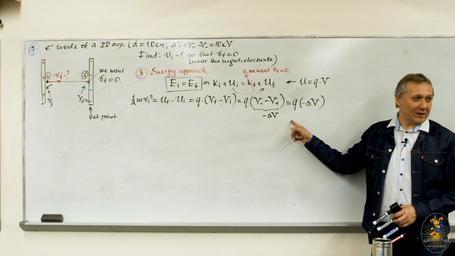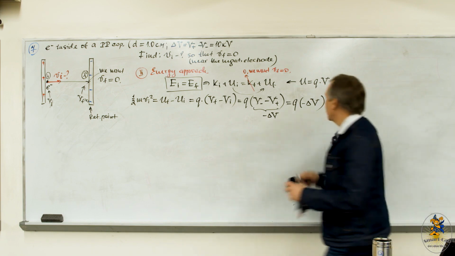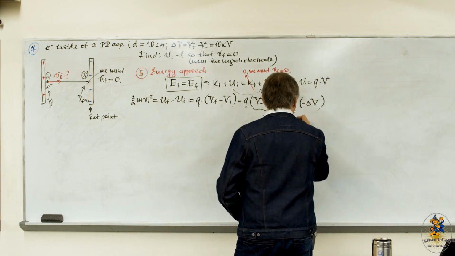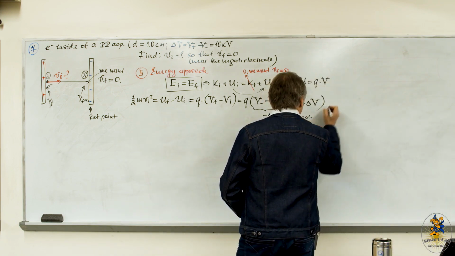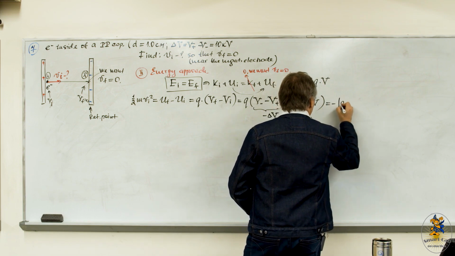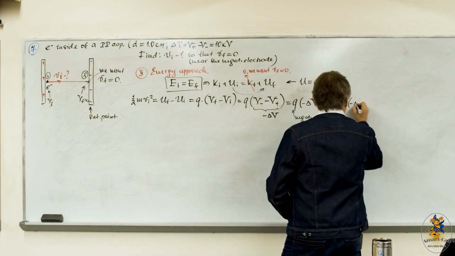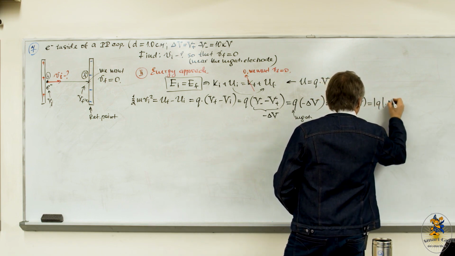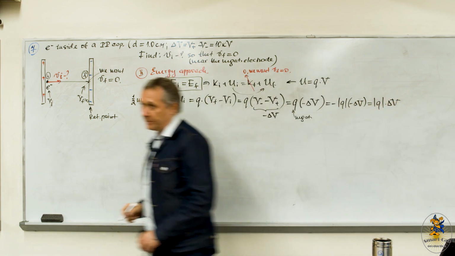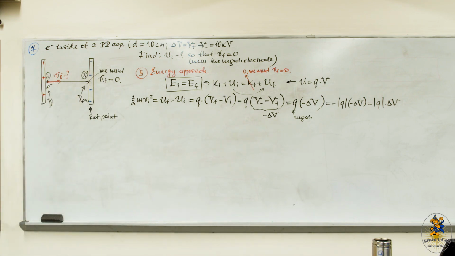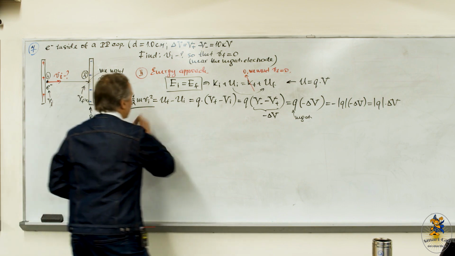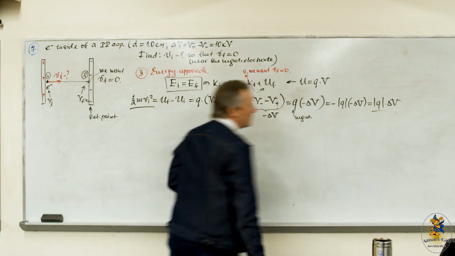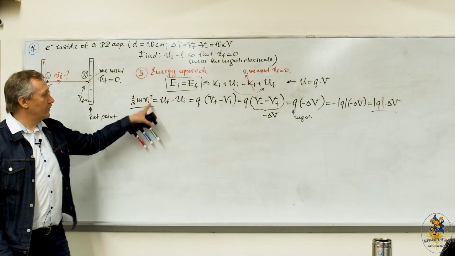No, the charge is negative. The electron is negative. Good. So it will be minus the absolute value of the charge times minus delta V, so it will be Q times delta V. It's a positive value, so we're good. Now we just need to look at these two ends and solve for V initial.